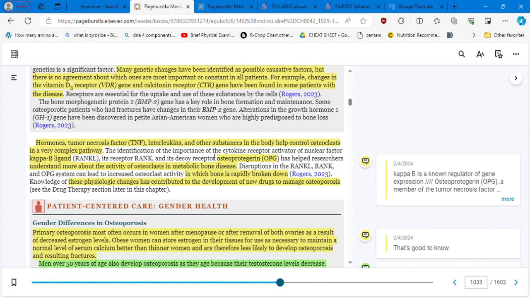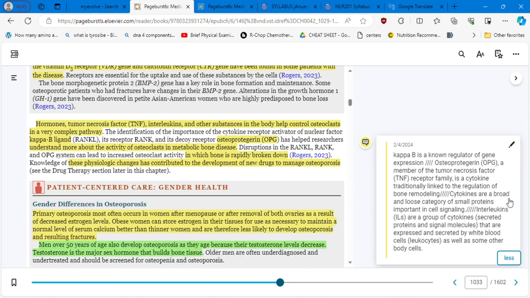All of them are participating in the activity of osteoclasts, how the bone is rapidly broken down. These physiologic changes have contributed to the development of new drugs to manage osteoporosis. So the kappa B, the osteoprotegerin, the osteoclast, and interleukins, tumor necrosis factors, they are all together being analyzed in order to create new drugs, and they did it.